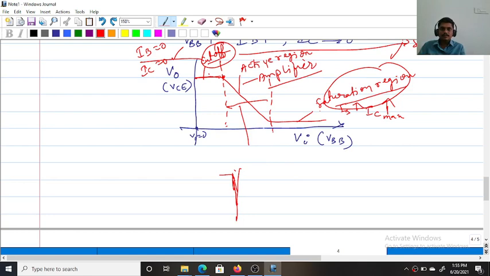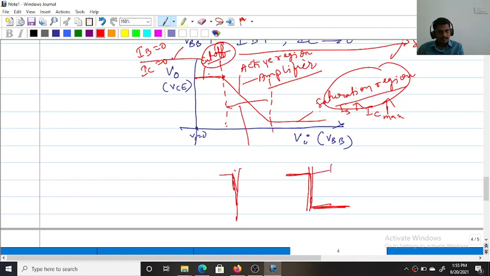So when you change the input voltage, after the cut-in voltage it immediately goes to the saturation region, because the active region is made very thin. This is the cutoff region, and the active region is very thin, so it immediately goes to the saturation region.